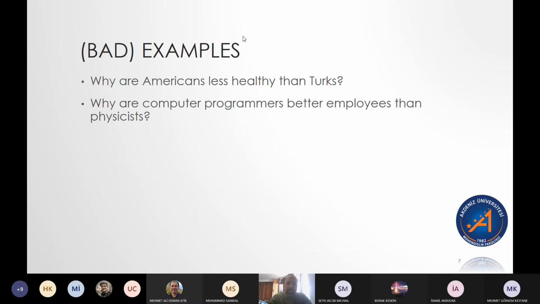But that might be something we can say, and then ask why is that, right? Assuming that's true, again, that's an assumption on my part. We might say, why is it that on average, more Americans are overweight or struggle with obesity more than most Turks?